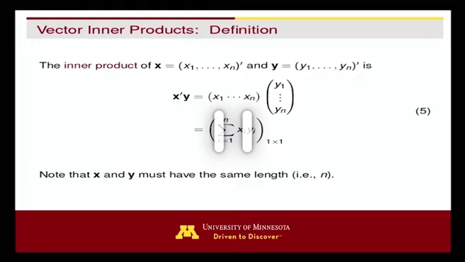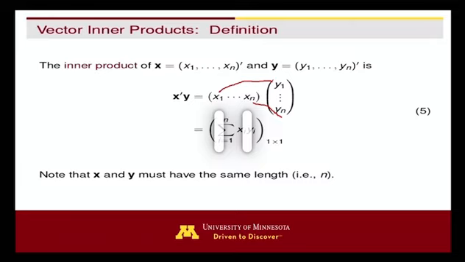You're actually going to have something that looks like this: x1y1, x2y2, until you get to xnyn, which we can write in short form. I start from 1 to n, sum of xi yi.